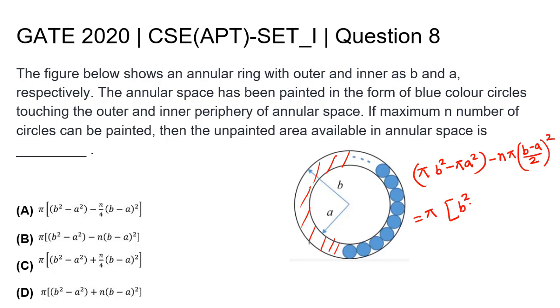So if we take pi as common, then we will get pi times (b square minus a square minus n by 4 (b minus a) whole square). So this option is satisfied by A. So our correct option is this one.